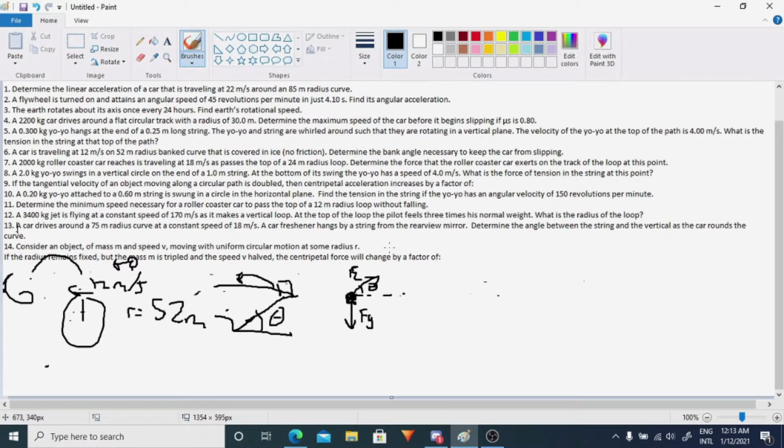So if we try to put our force due to gravity into terms of this, we can bring this line down like this, and this angle right here is theta, which means this angle is 90 minus theta.